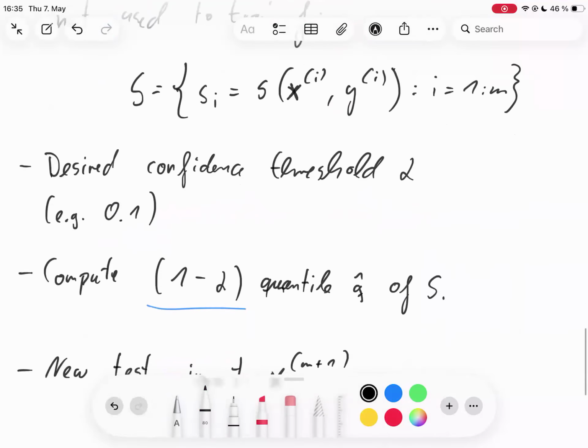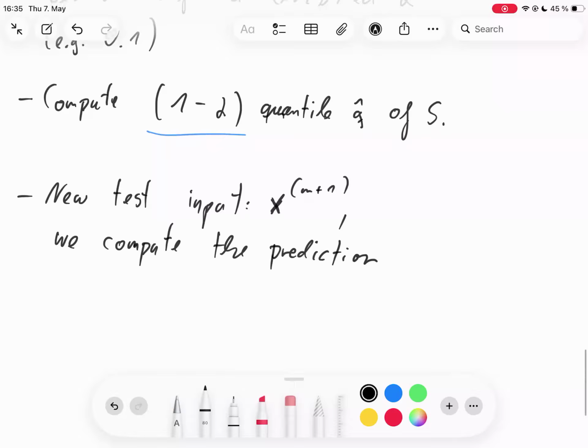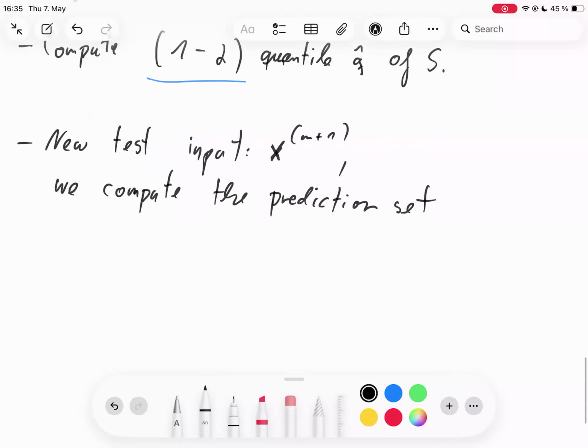And what we want to calculate now, for this new test input, is the so-called prediction set. We mentioned this before, because that's the goal of what we want to get out of our conformal prediction, and soon we'll visualize it.